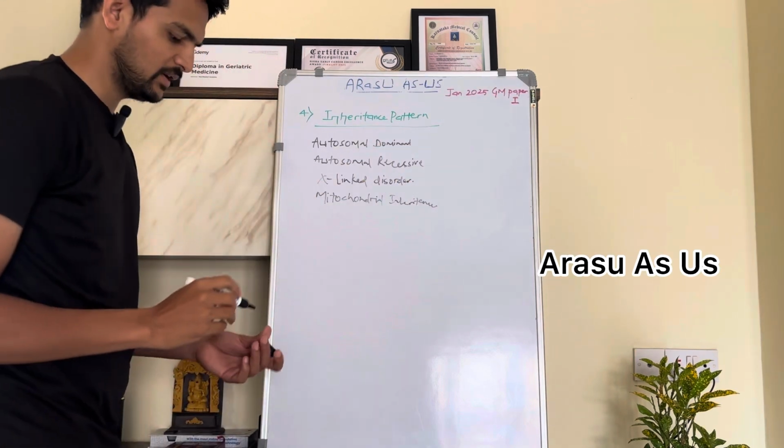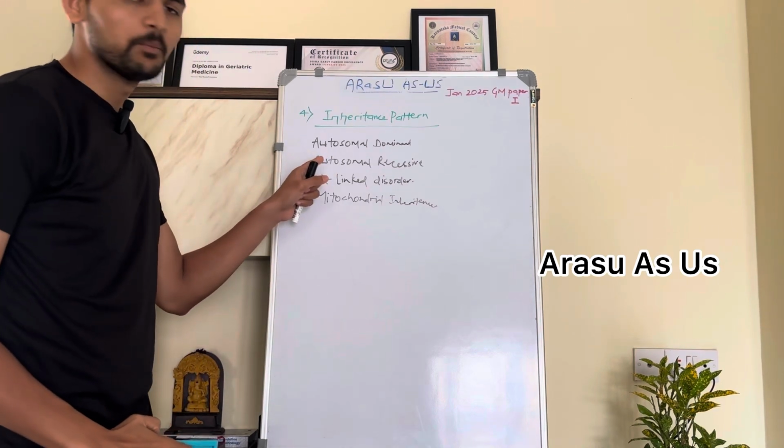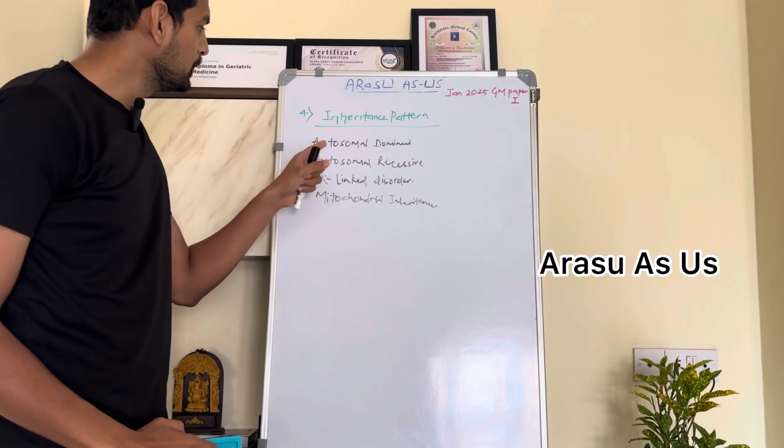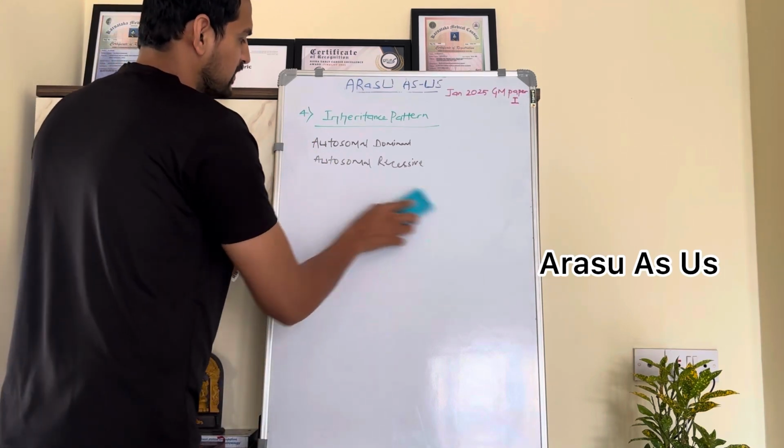So in this section, we can deal with the question. First, we will discuss the important one, that is autosomal dominant and recessive. Comparing both, we will see the differences.